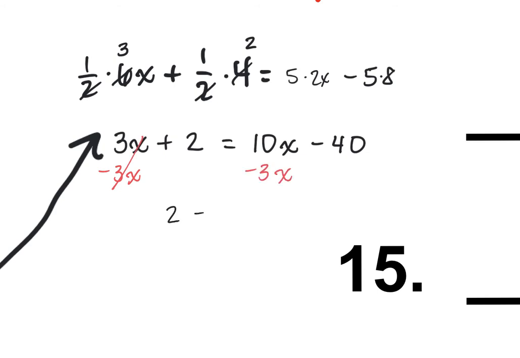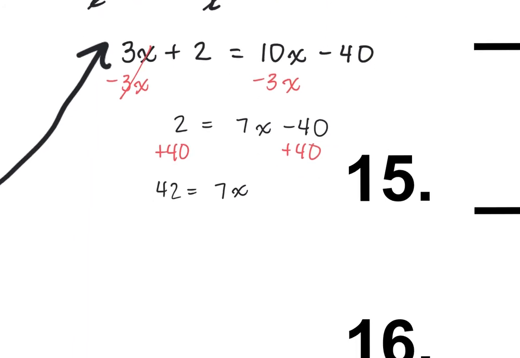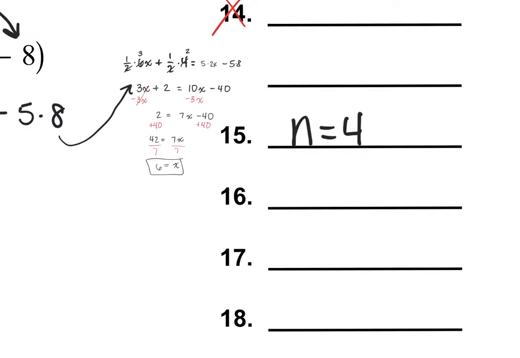So I've got 2 equals 7x minus 40. And then you're just going to add 40 to both sides. So we've got 42 equals 7x. And my last step is to divide by 7. X is going to be equal to 6. That is number 16.